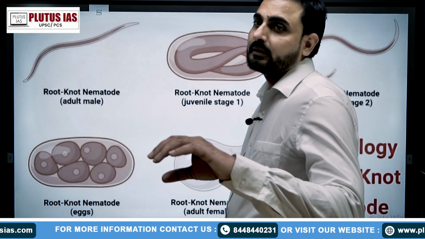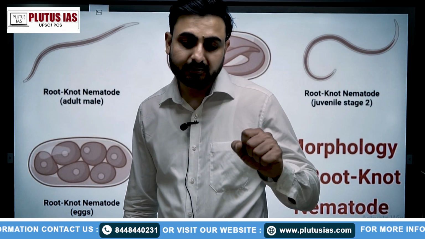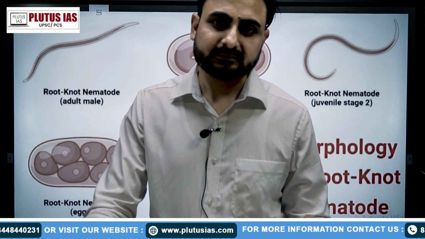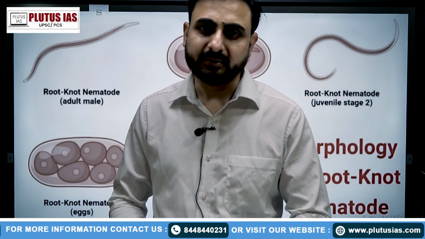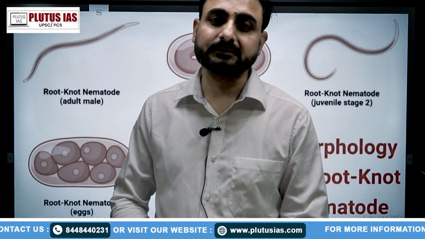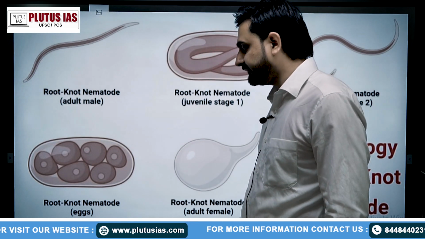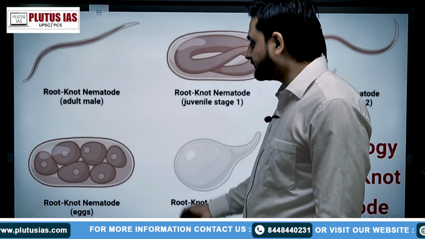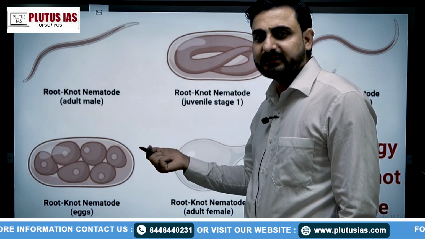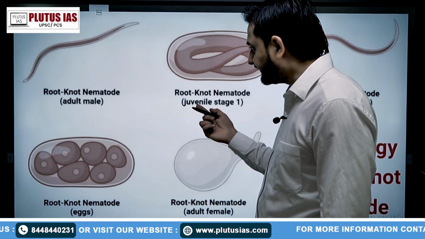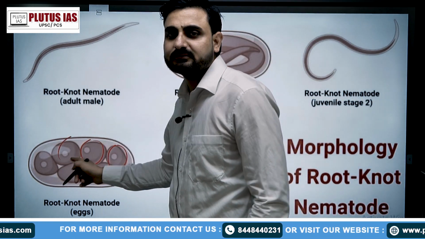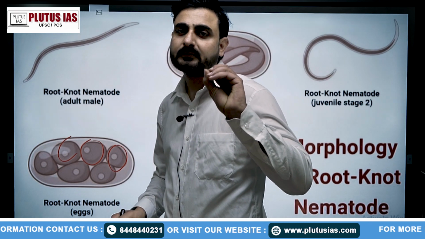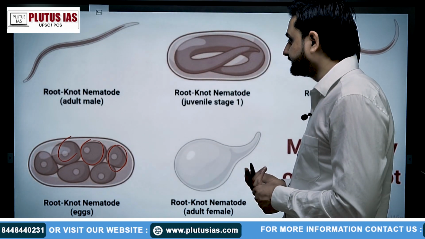Now, check whether your banana is progressing well, or is there any symptom or disease likely to affect the banana. For that purpose, you need to extract some sucker, your root. Then you notice, are there some knots within the banana roots?